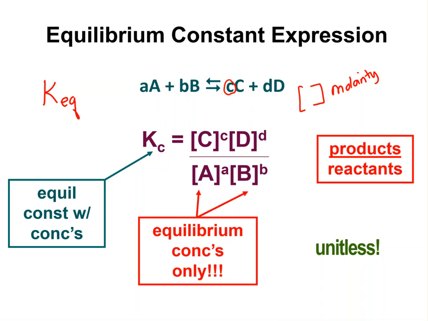So in summary, the equilibrium constant tells you the position by putting the products over the reactants. If this number is large, we have more product form, and if it's small, we have more of the reactant form.